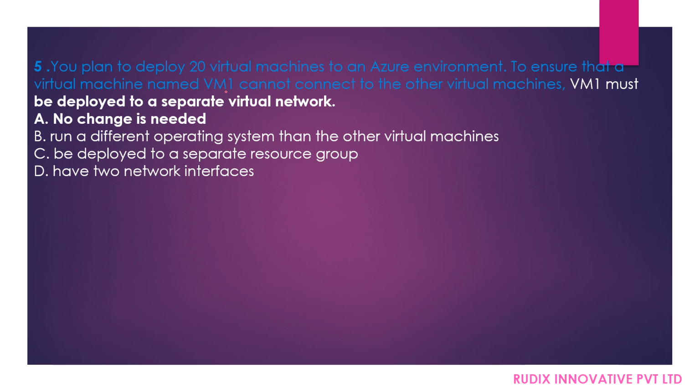In the question, we have to decide whether to change this sentence or not. VM1 must be deployed to a separate virtual network. Is this sentence right or wrong for this scenario? If it is right, we don't need to change the sentence, and the answer is no change is needed.